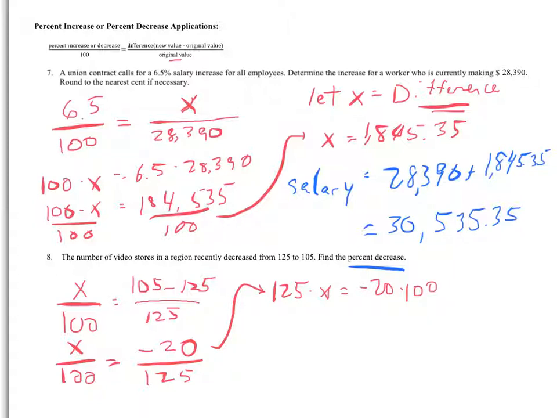Now you may be unsure why there is that negative sign in there. Well, we're looking for a percent decrease, so that negative is going to be in our problem until we get to the answer, and that negative sign represents a decrease in the number of stores.